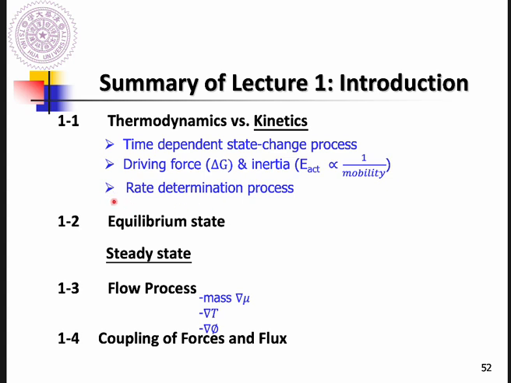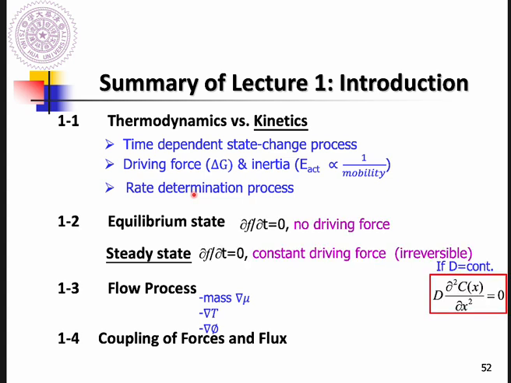In the meantime, you need to figure out how many steps are involved in your kinetics process of interest. If there are 2 or more steps, then you need to figure out the relationship between them. Are they in series or in parallel? And don't forget to highlight the rate determining process.